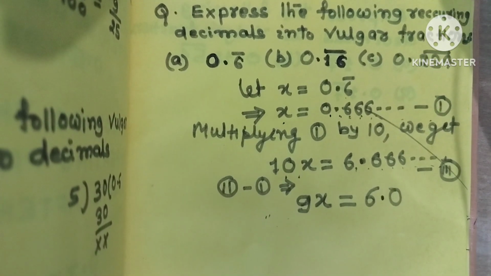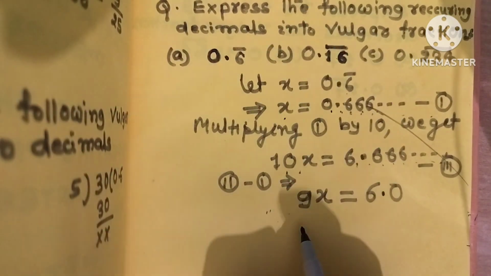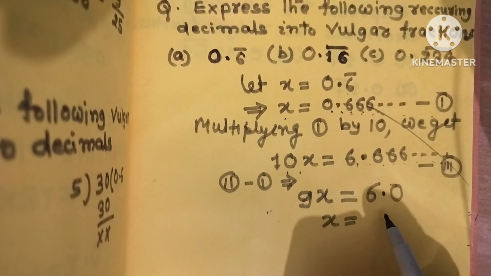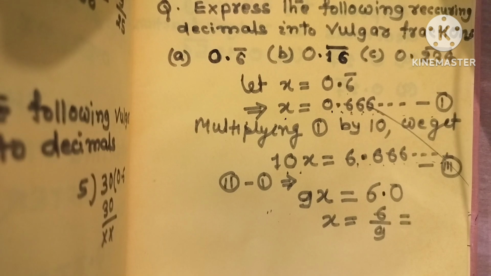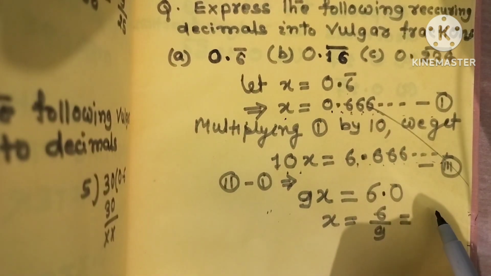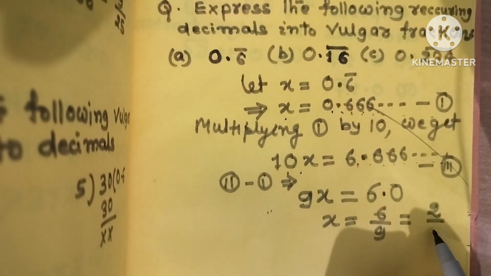Okay, and after that x is equal to 6 by 9, which can also be expressed as 2 by 3.